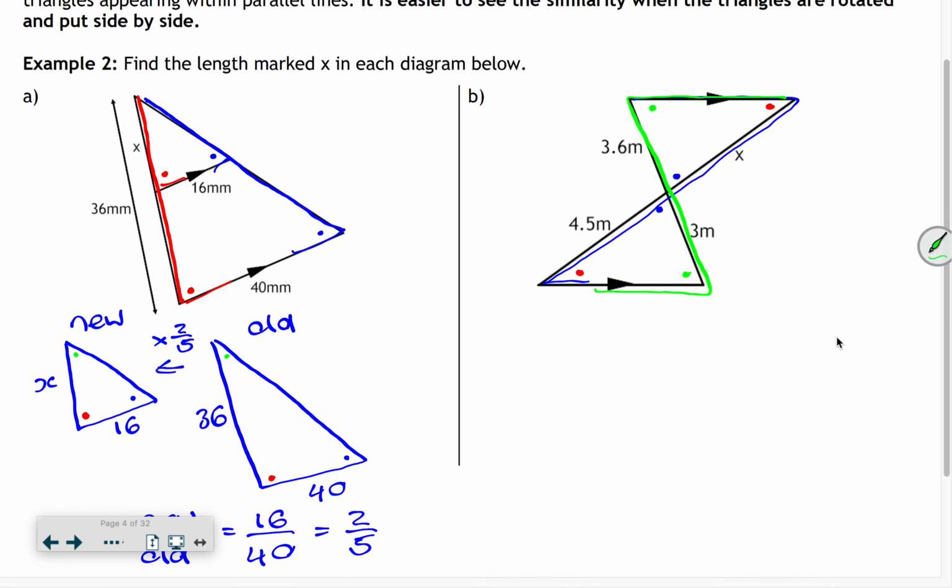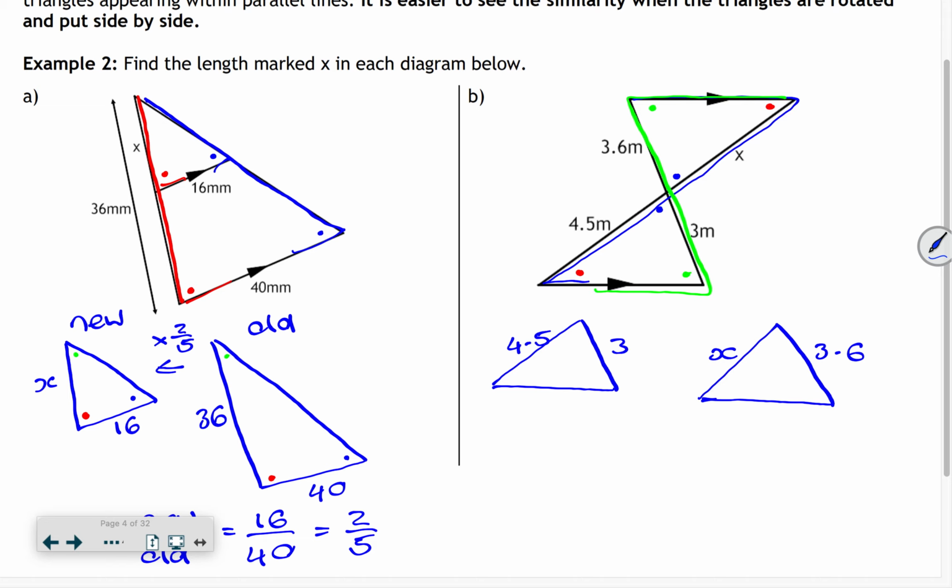So it's always best to draw them out side by side. So let's do that. So the first triangle is drawn here. This is 3, this is 4.5. The second triangle, you probably just need to turn it round to make it work. Let's see, we have slightly bigger. Don't worry, you don't get marks for your diagrams. So if you look at it, this side here is 3.6 and this side here is x.